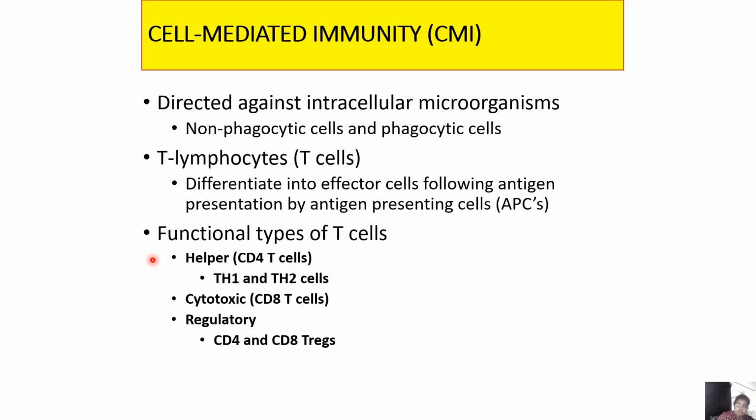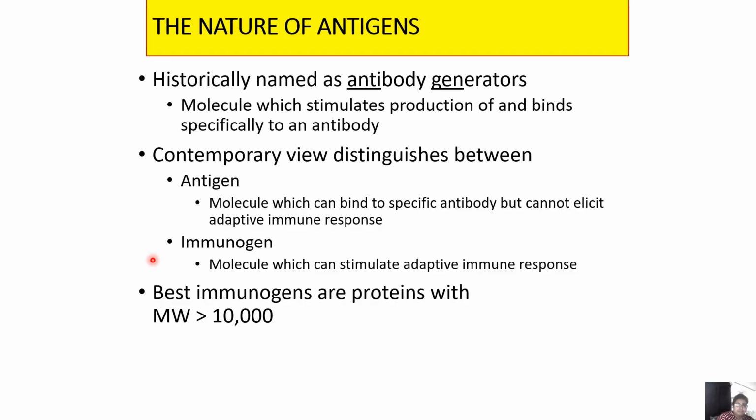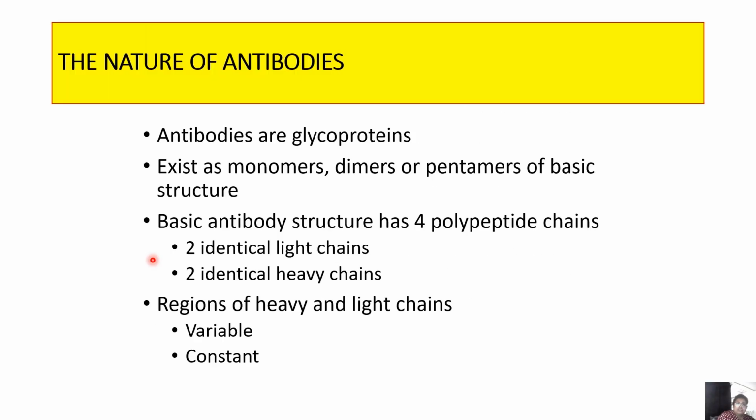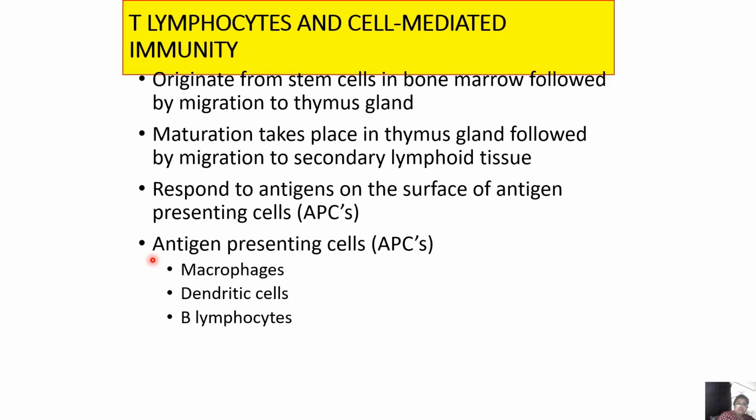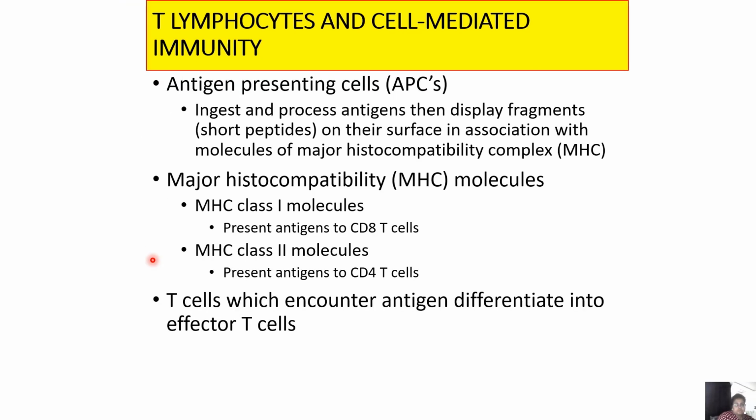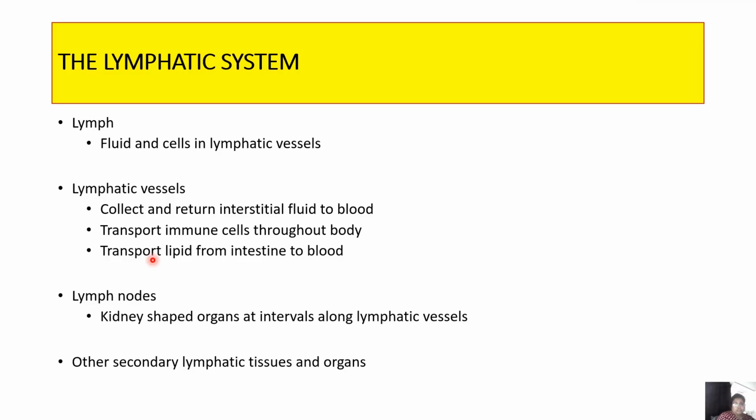The functional types of T cells can be helper, CD4 T cells, Th1, Th2 cells, cytotoxic, CD8 T cells, regulatory, like CD4 and CD8 T regulatory. Okay, so that is basically the difference between humoral and cell mediated immunity.